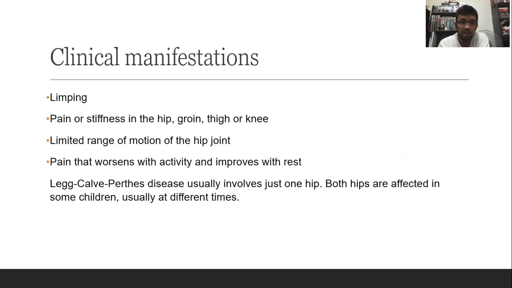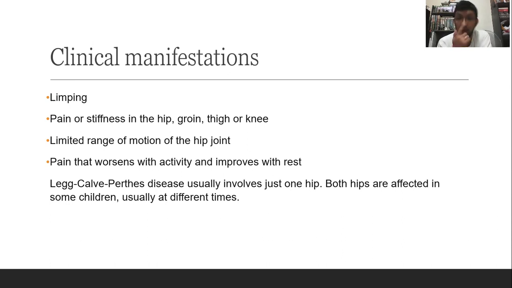Clinical manifestations. There's limping, of course, since the patient will have a hard time walking. Pain or stiffness in the hip, groin, thigh, or knee of the affected hip joint or the affected femoral head, and limited range of motion of the hip joint.